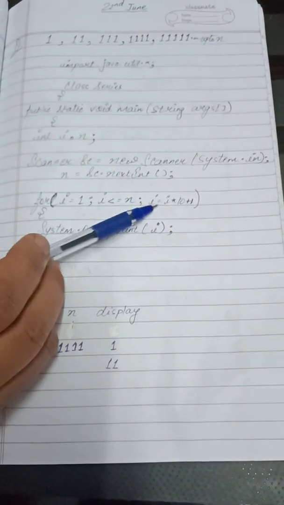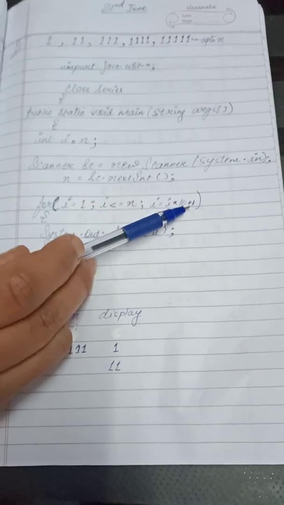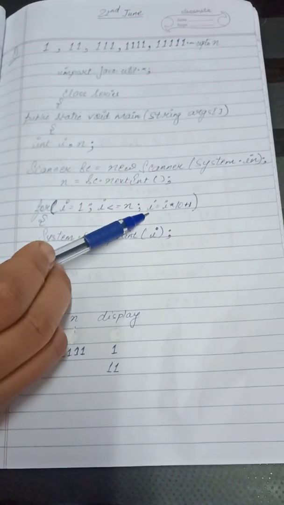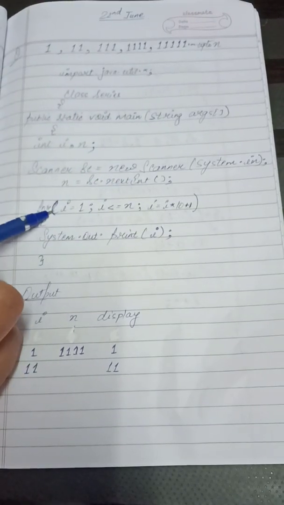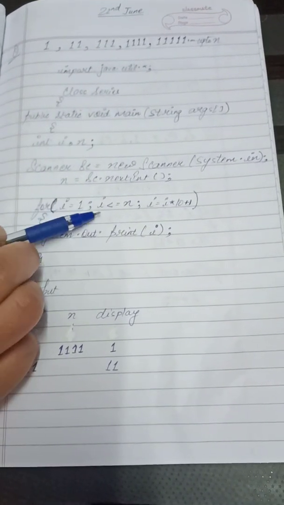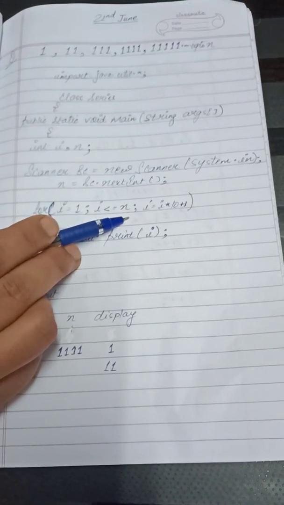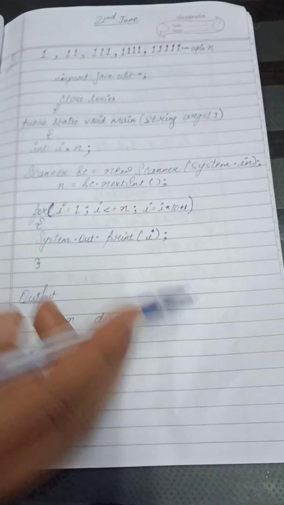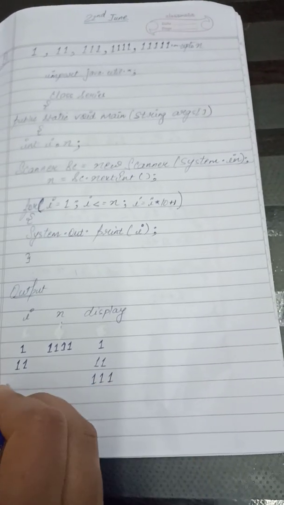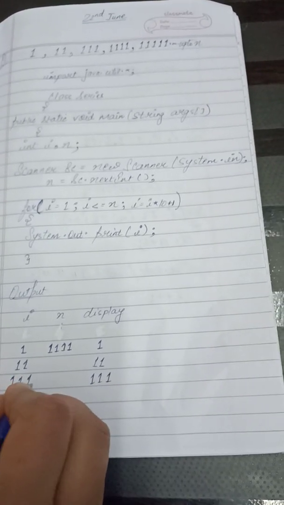Now 11 into 10 plus 1 is 111. Now the value of I has become 111. It will check whether 111 is less than or equal to 1111, condition is true. So it will print here 111 because value of I has become 111.